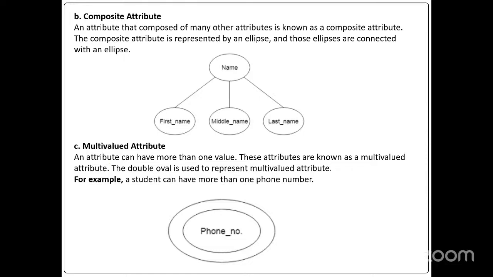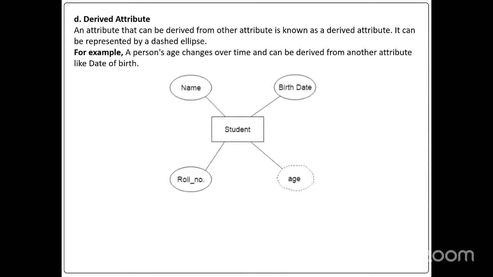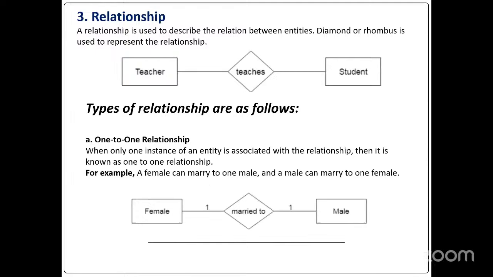It can have more than one value for a particular entity, for example degree or languages known. It is represented with a double ellipse. Is it clear? Don't get confused. Next slide. Derived attribute.